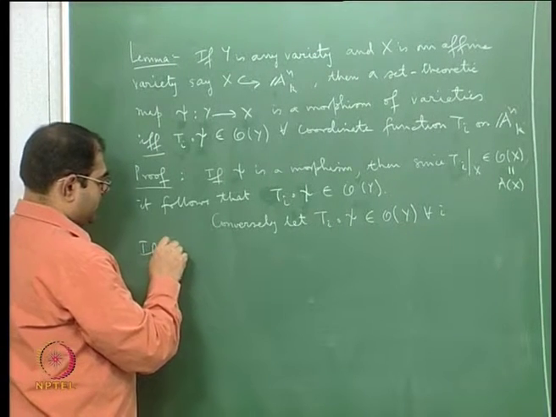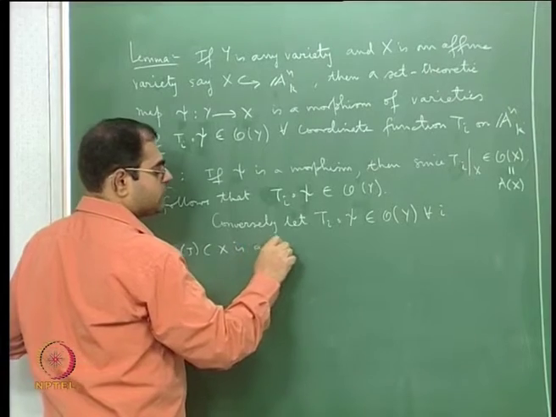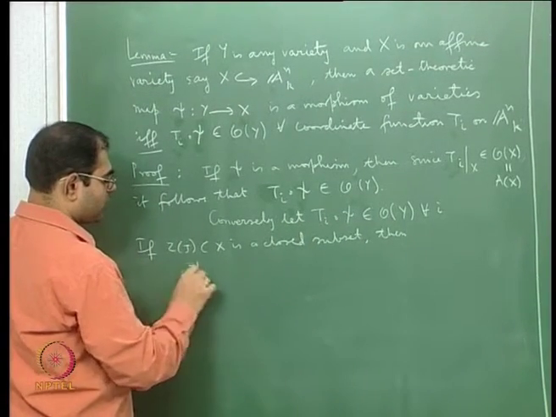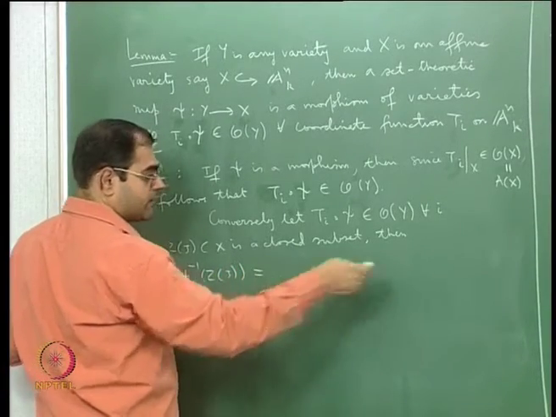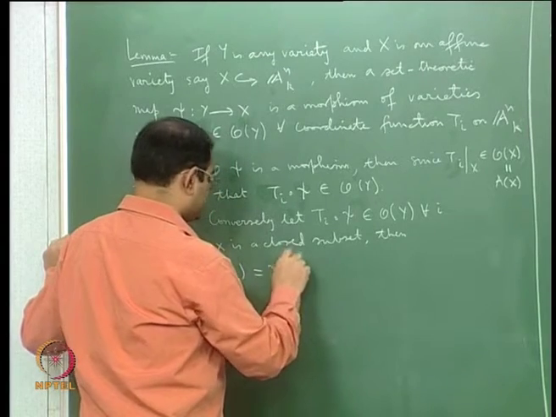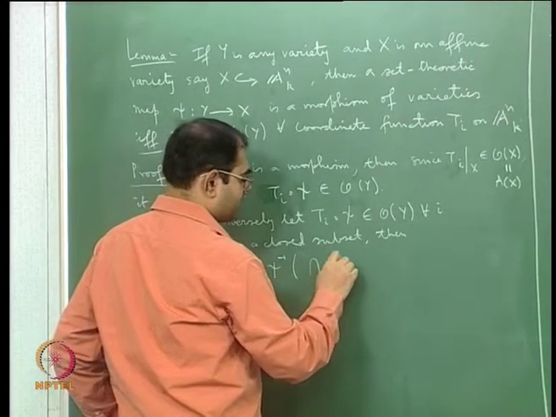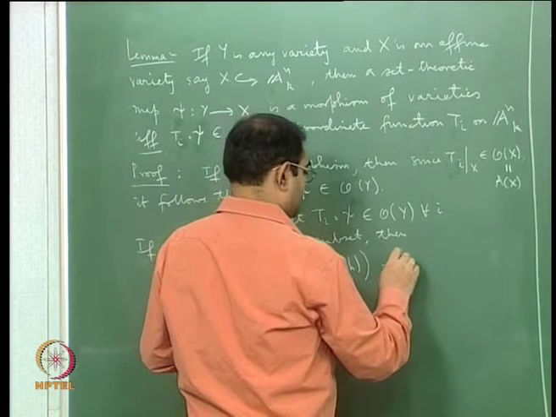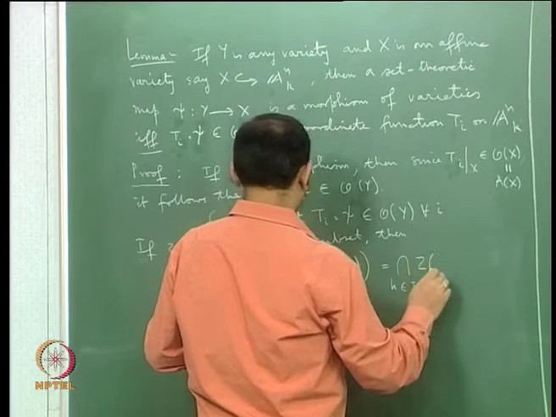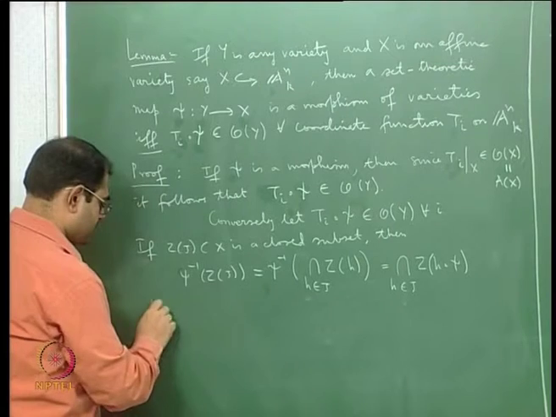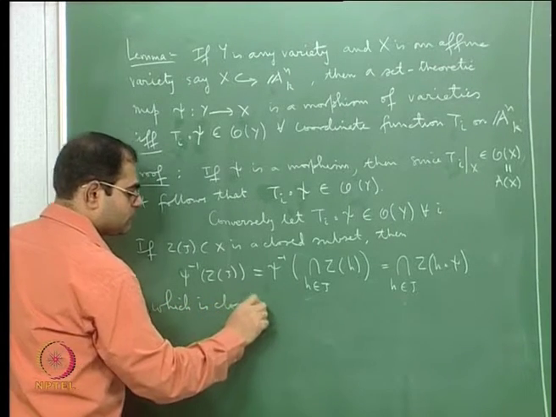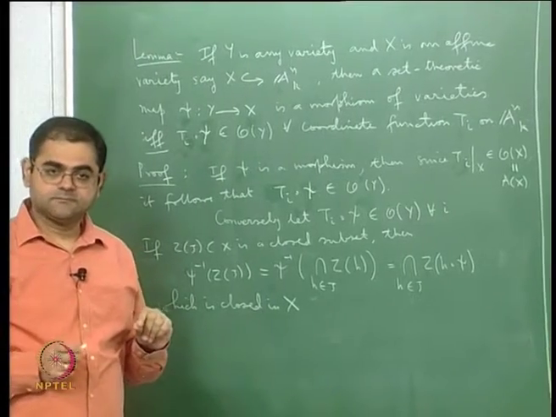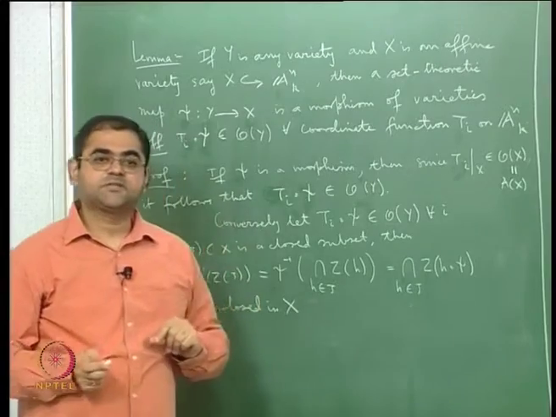If Z of j in X is a closed subset, then psi inverse of Z of j, so I'm just reproducing what I've written there, is the intersection of Z of h where h belongs to j, and this is the intersection, h belongs to j, of Z of h circle psi, which is closed in X. Okay, the 0 set of a single regular function is a closed subset, and an arbitrary intersection of closed sets is again a closed subset.